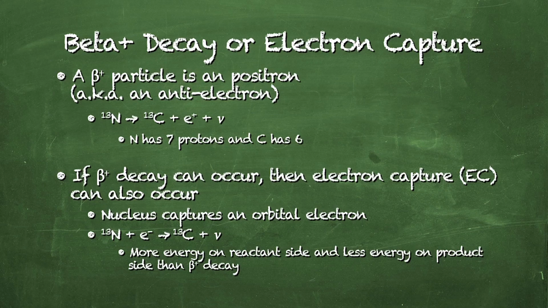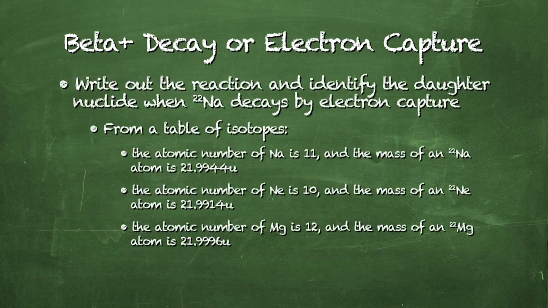Let's work an example. Write out the reaction and identify the daughter nuclide when sodium-22 decays by electron capture. From a table of the isotopes, the atomic number of sodium is 11. The mass of a sodium-22 atom is 21.9944 atomic mass units.